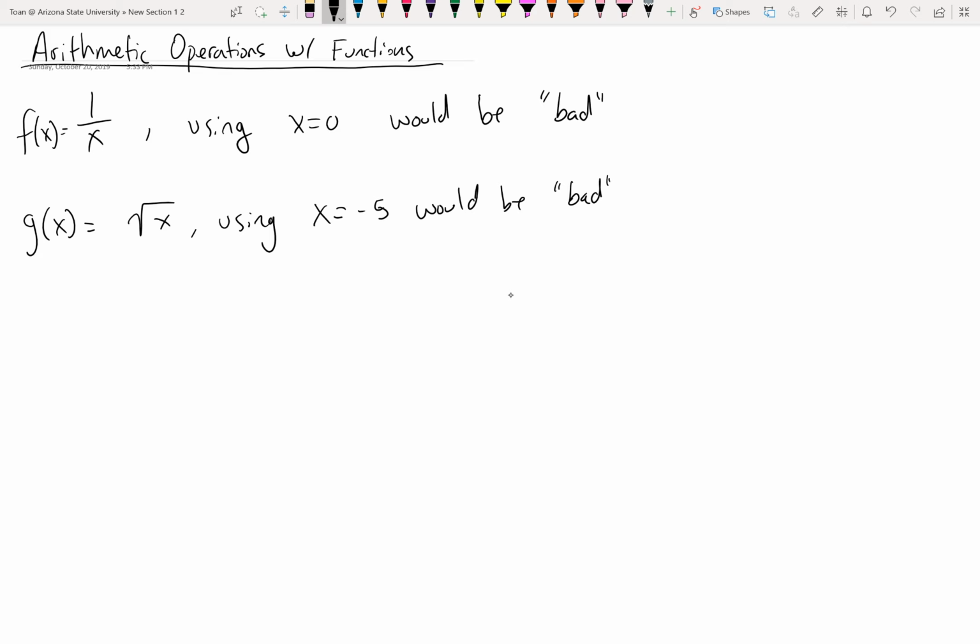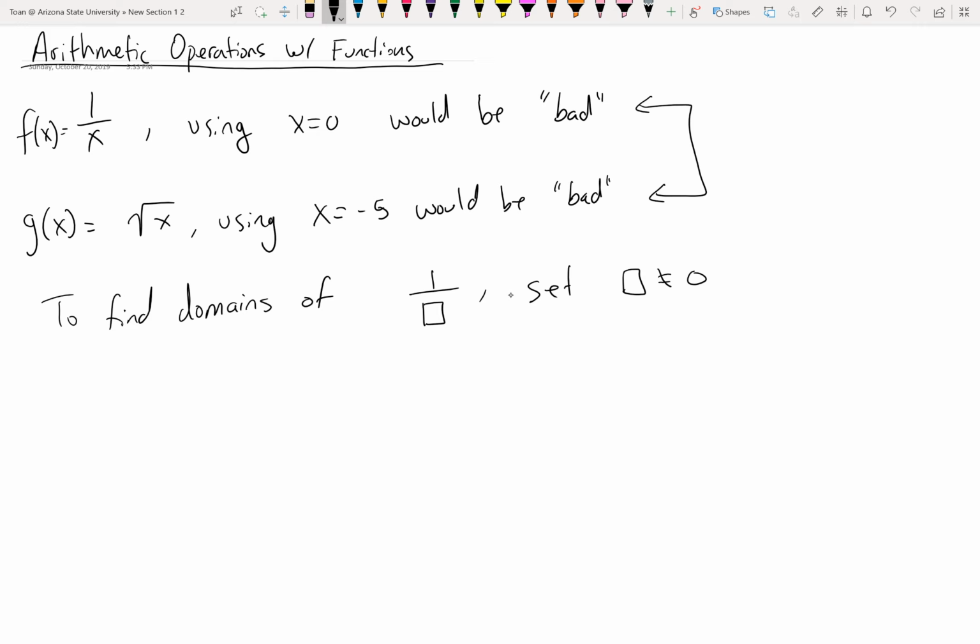So, to find domains algebraically, these are basically the two conditions that we need to consider. We want to avoid dividing by 0, and we want to avoid taking an even root of a negative number. So, to find domains of one over stuff, you're going to set the denominator not equal to 0 and solve.